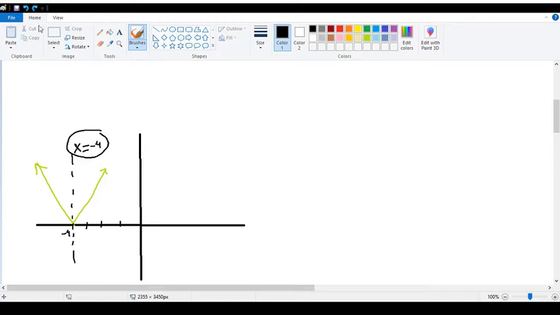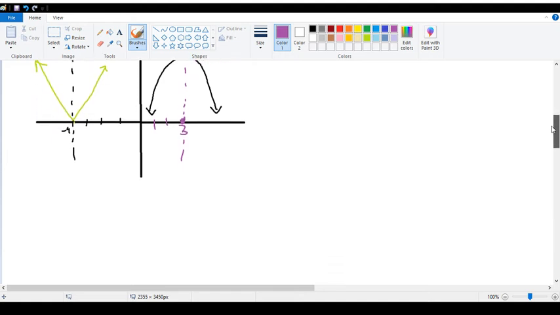Let's redo that one again. Let's say I have a shape that looks something like this. Could I cut this right in the middle? The answer is yes. Alright, so this right here, whatever point this is, let's say this is 1, 2, 3. This is called the axis of symmetry.